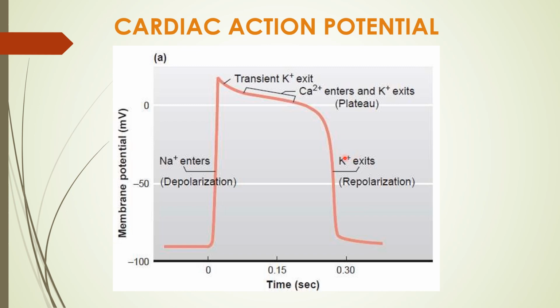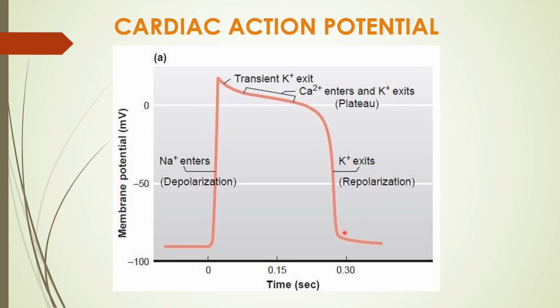Along with the potassium exit, the calcium channels also close. So there is slow entry of calcium, and in the repolarization phase, the calcium channels will close and the potassium channels will be open. What type of potassium channels? Delayed outward rectifying potassium channels, through which potassium exits from the cell.